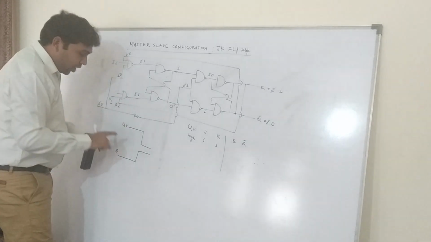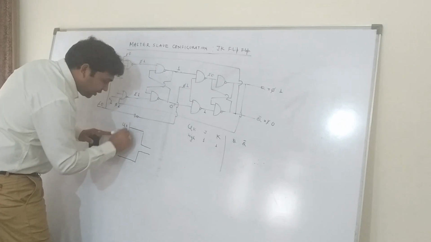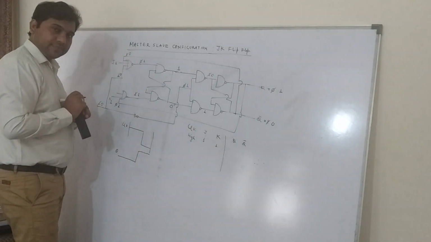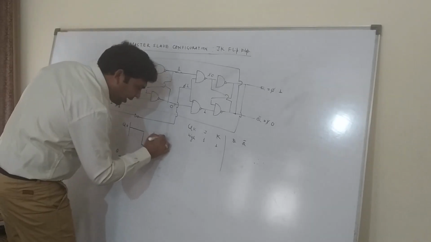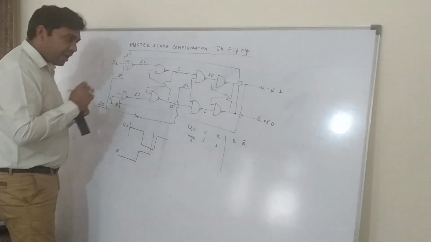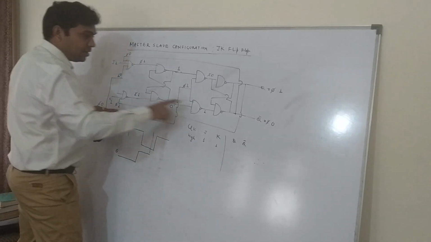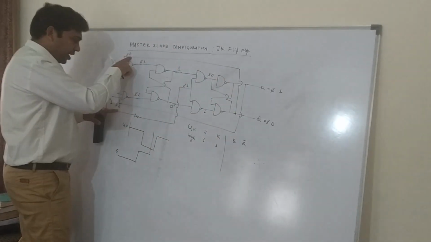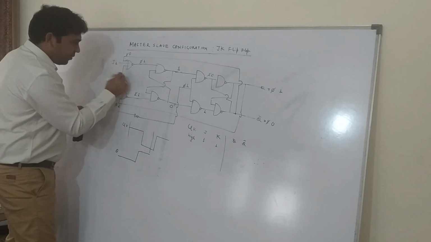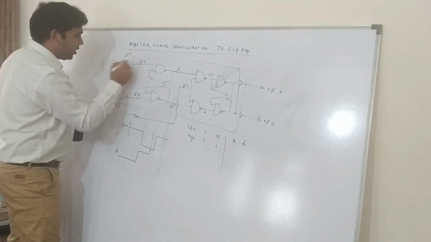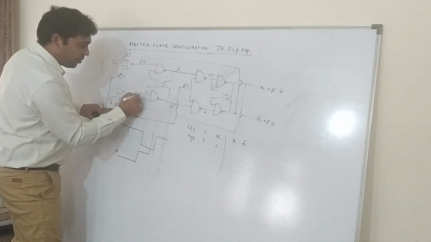Okay. So now the output has toggled only once in one clock period. However, as soon as the clock goes high again, immediately this 1 will appear here, this 0 already appeared here. As the clock goes high, this will become high, and because of this 0, this will become 1, and because of all three 1s, this will become 0.